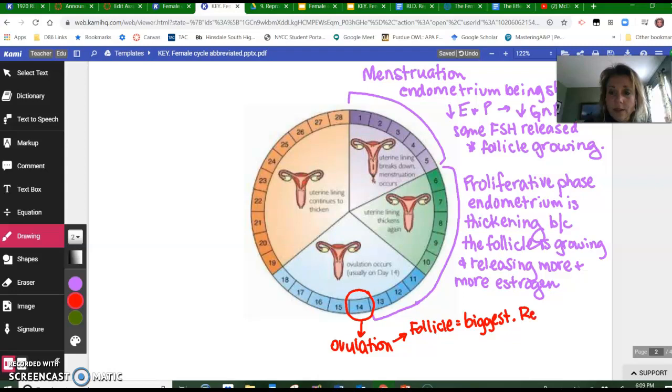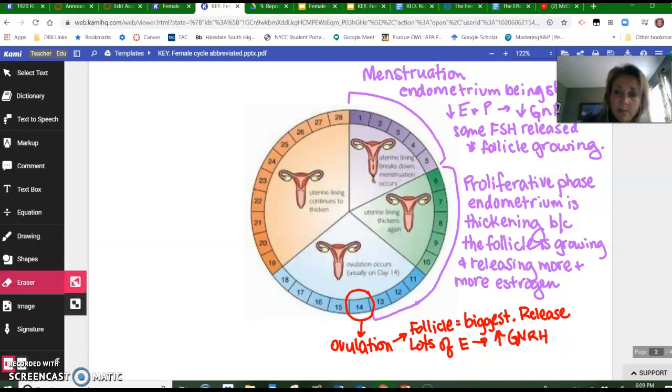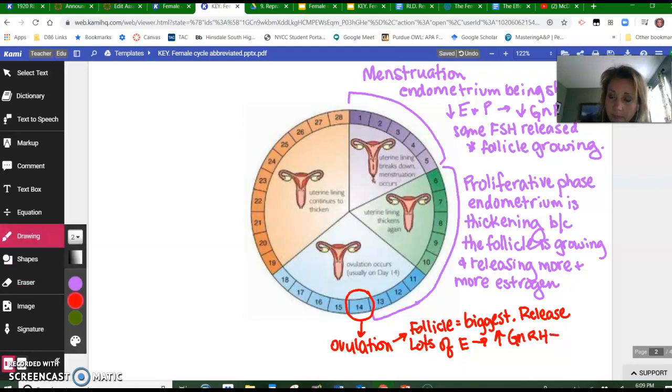It's going to release lots of estrogen, which causes an increase in GnRH. Let me erase that because that should be a little lowercase n. And that is going to cause an increase in LH, which is called the LH surge.